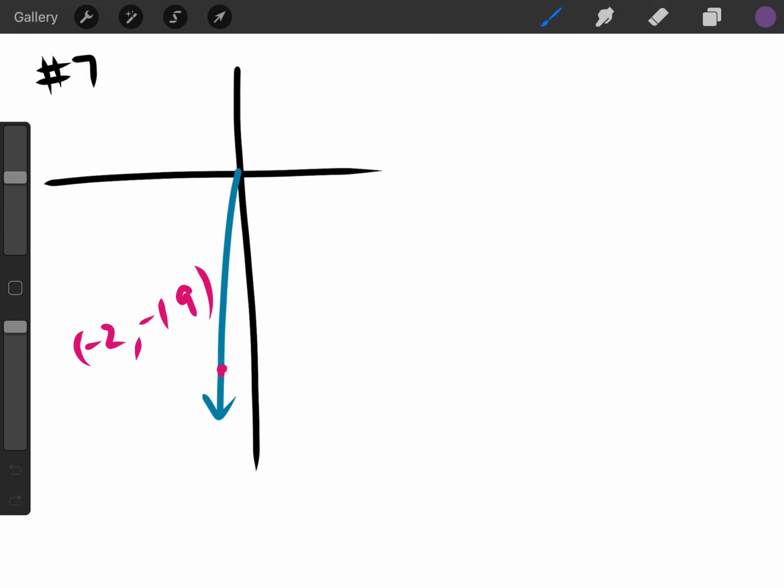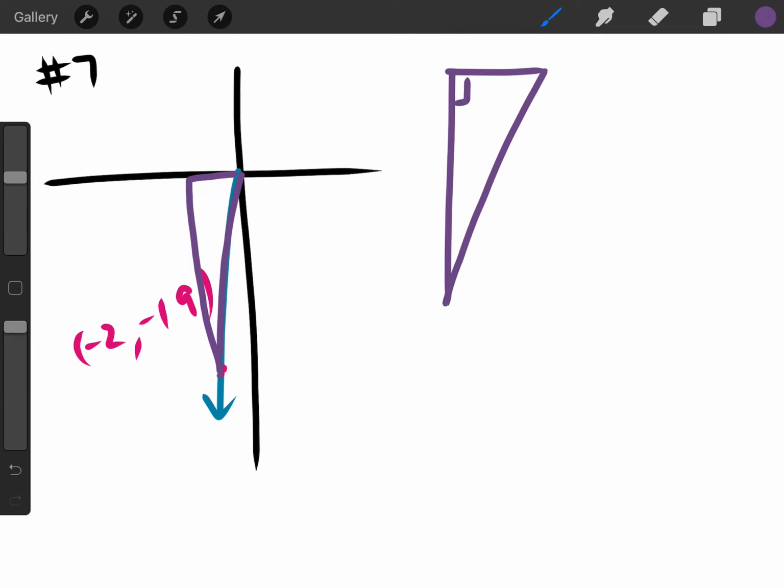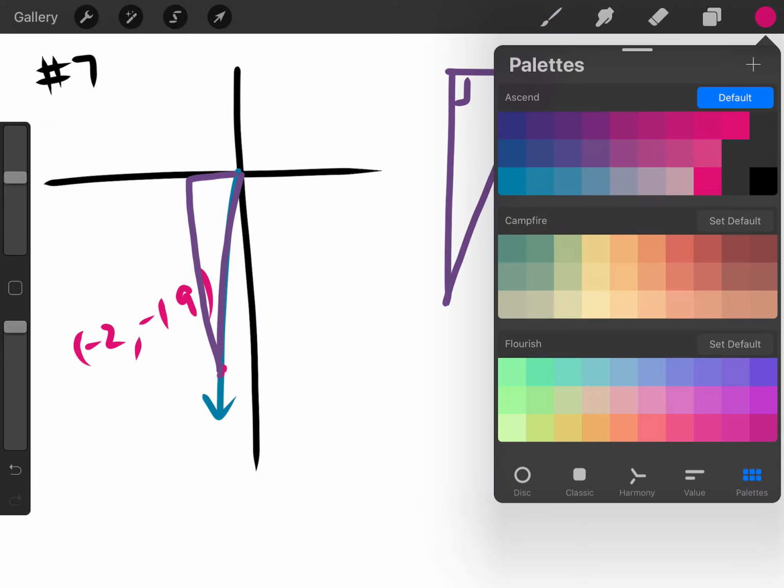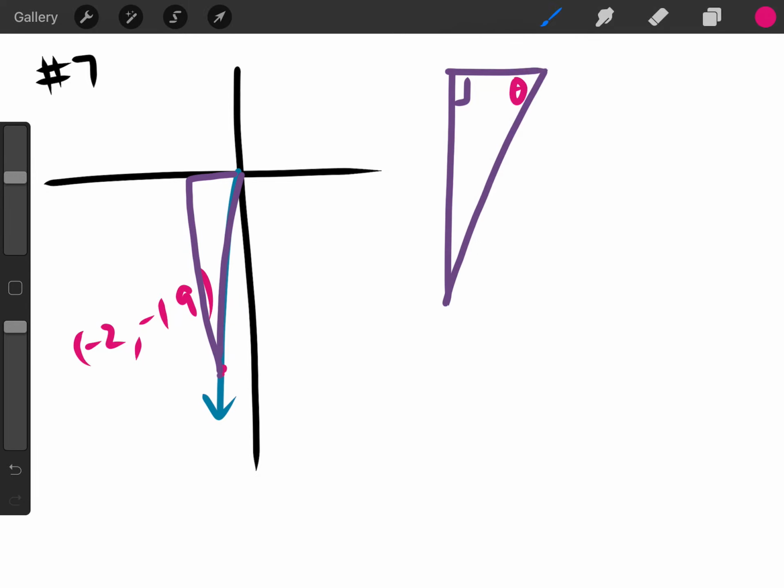Okay, so you're going to draw this point with a straight line to the x-axis and come up with the right triangle. Looks like this. Okay, and here we've got your theta, and this is the x value, so that will be -2 right here. This will be your y value, so it's going to be -19 over here.